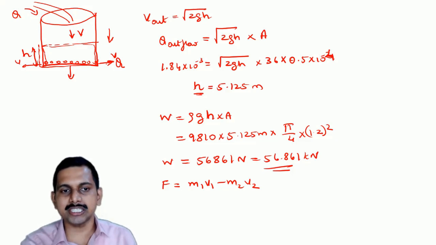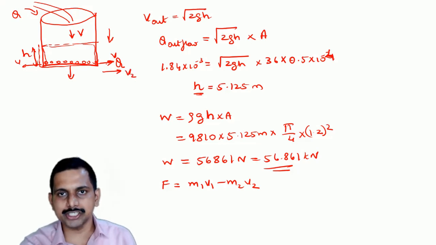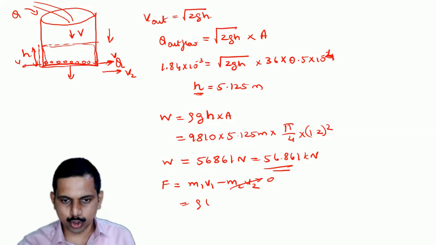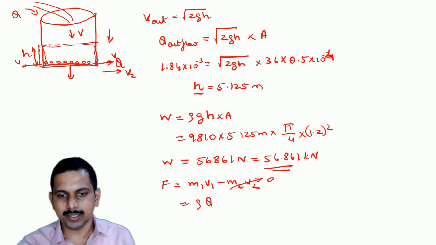Now the velocity is going tangential. The exit velocity V2 will be in the tangential direction, so we need not worry. So this goes out to 0. What is M1 V1? M1 is rho into Q, correct? Density into flow rate into velocity V1.